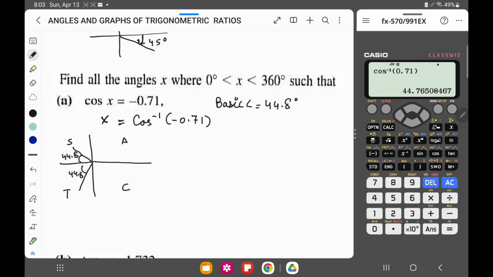If you want me to make a separate diagram, I can make it. The first angle is up to here, so this is 180 minus 44.8. And the other angle will be 180 plus 44.8.